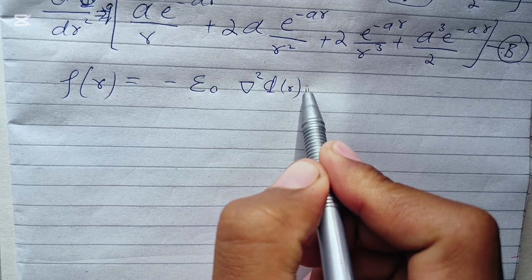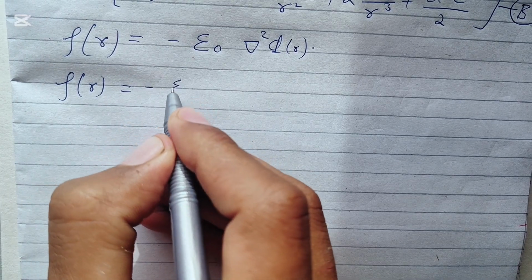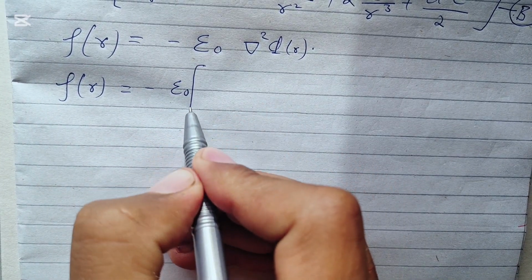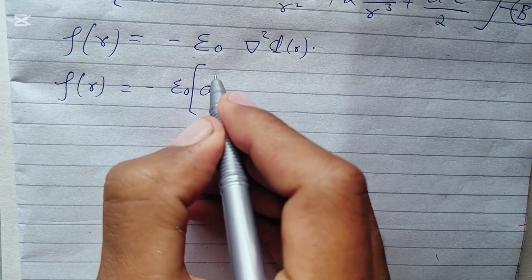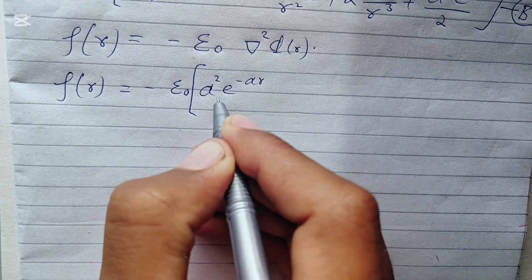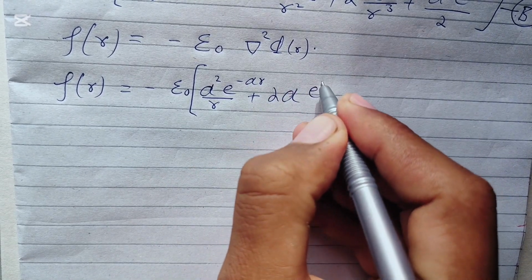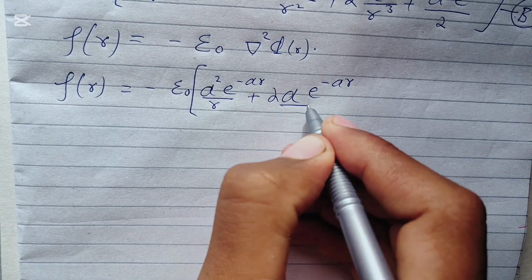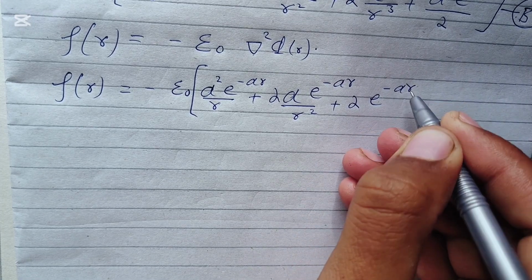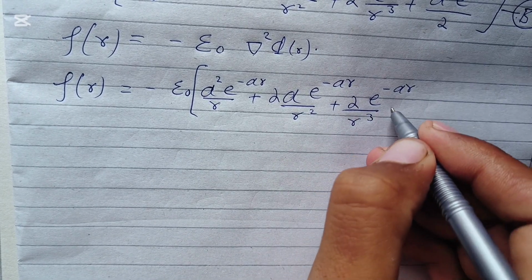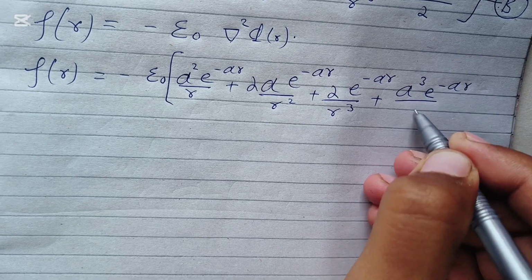Put in this equation, we will get rho r equal to minus epsilon naught times alpha square e^(-alpha r)/r plus 2 alpha e^(-alpha r)/r square plus 2 e^(-alpha r)/r cube plus alpha cube e^(-alpha r)/2.